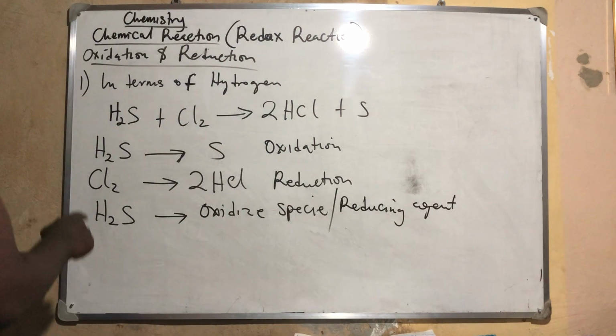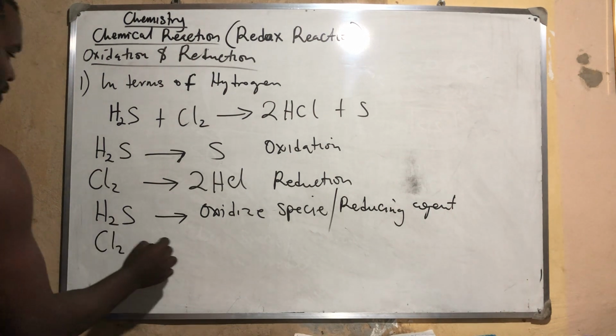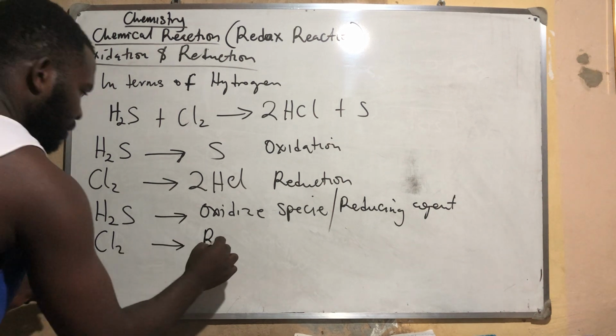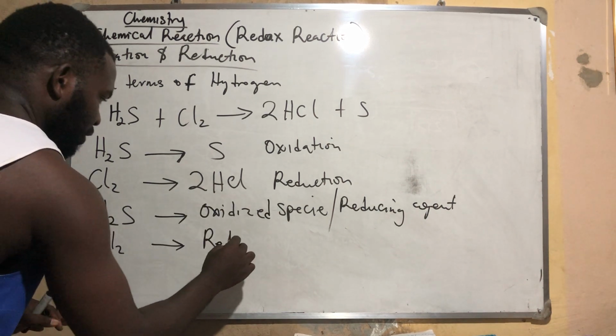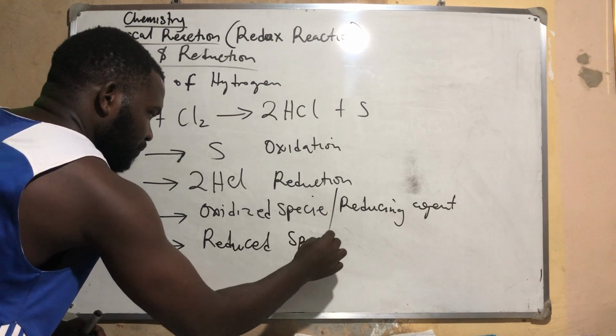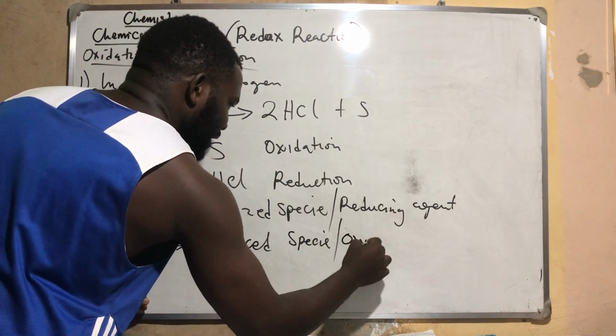All right. So now look at reduction. Cl2 was the one that underwent reduction. So we have it as reduced species. Another word for reduced species is oxidizing agent.